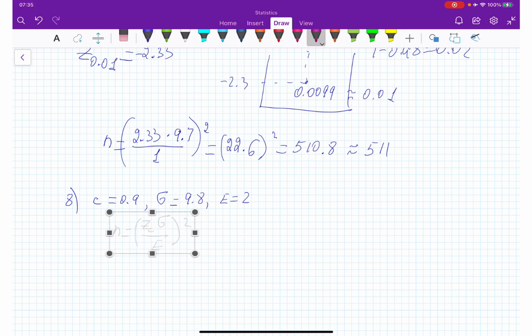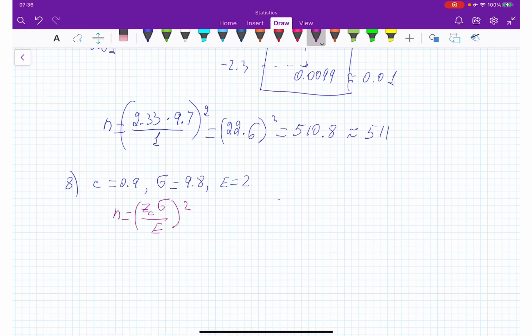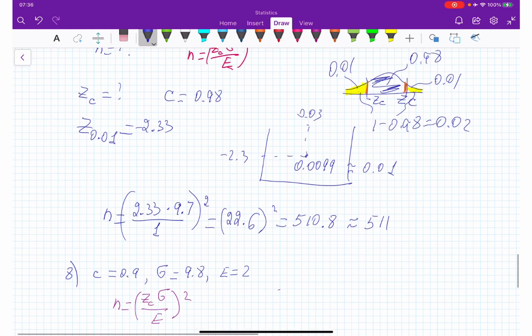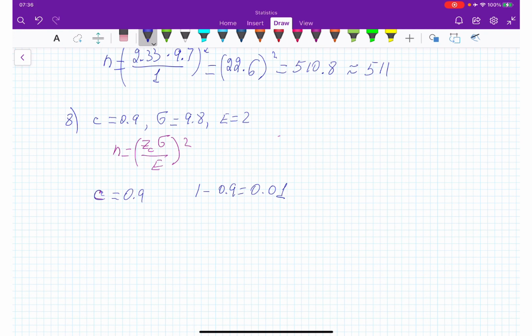Okay. For Z critical, we need to find out, first of all, that the confidence level C is 0.9, which means for the tails, it's going to be 1 minus 0.9, which is going to be, let me see, do we have here 0.9? No, 0.98. So it's going to be 0.1.